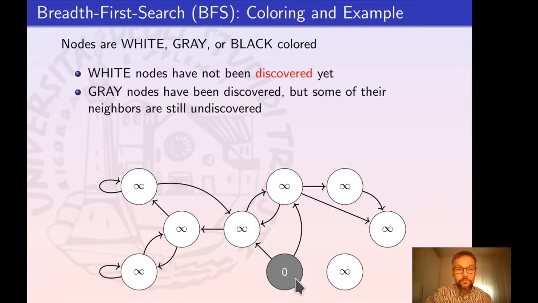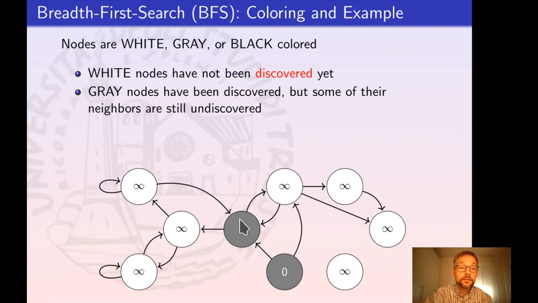So let's move on. From this node we try to visit all the available neighbors of it. I move to this node, and since the distance of the source was 0, the distance of this node is for sure 1, because I moved along one single edge.